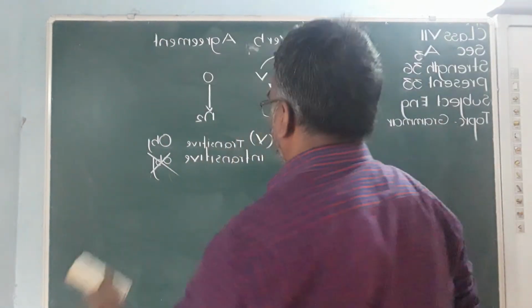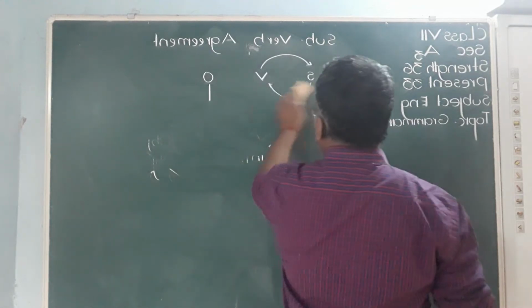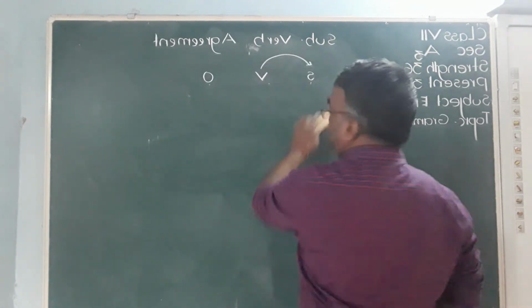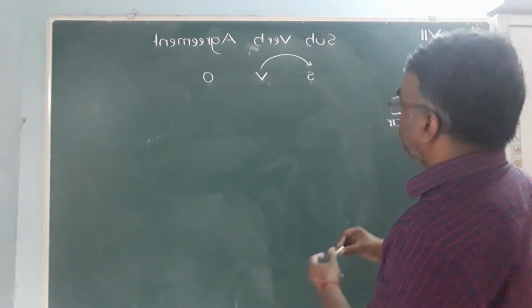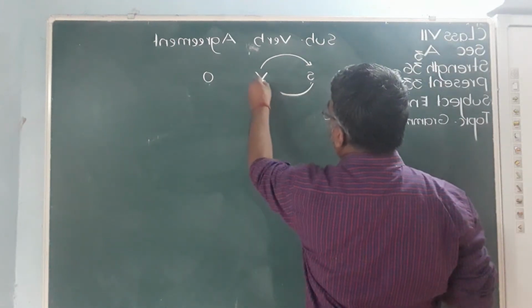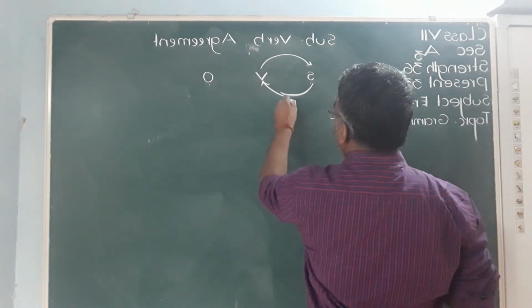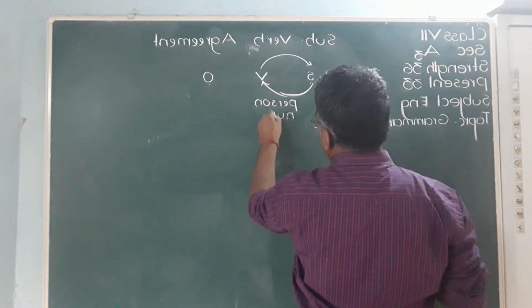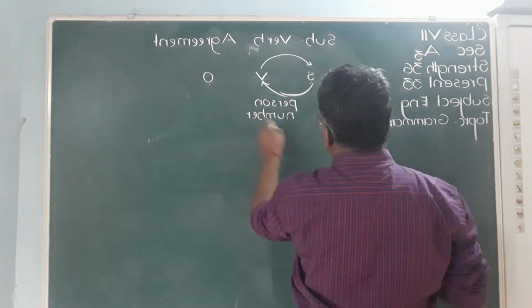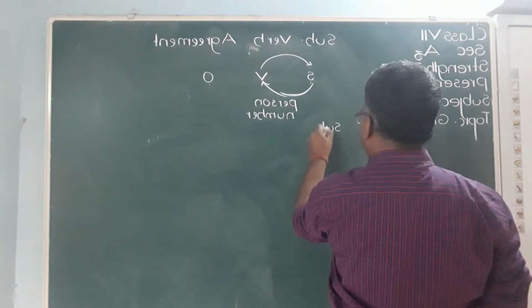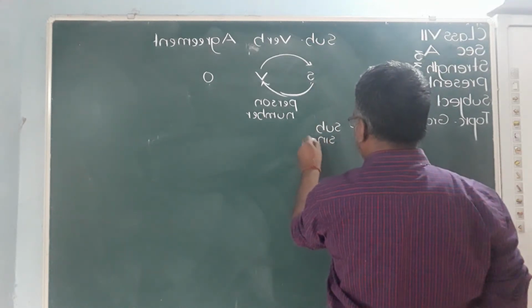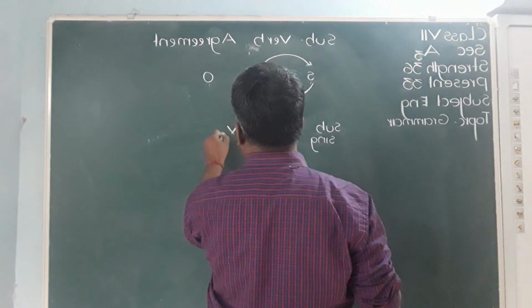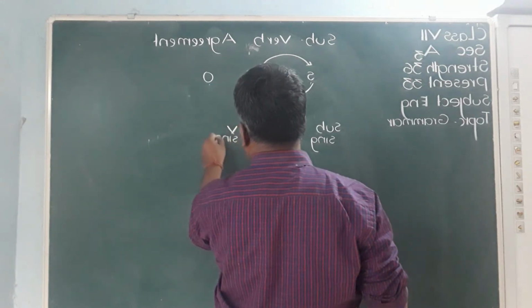Now when we say subject verb agreement, it means that the subject and verb will agree with each other in person and number. If the subject is singular, the verb will be singular.